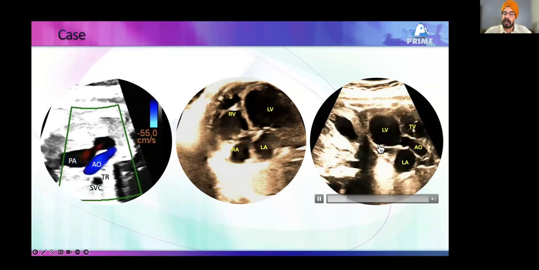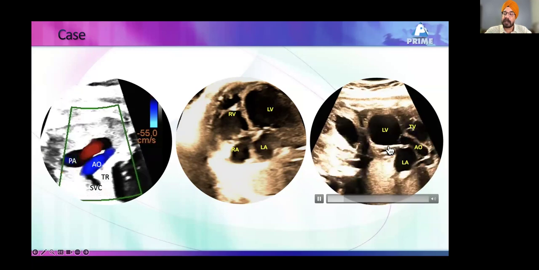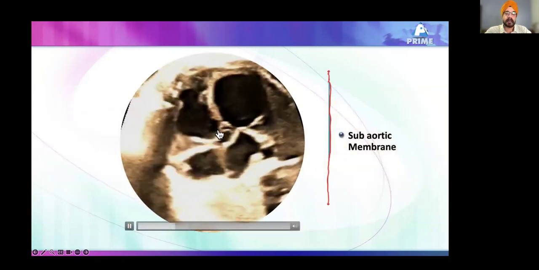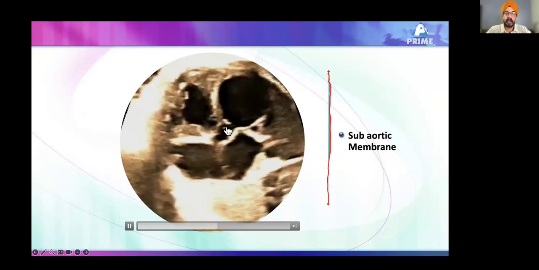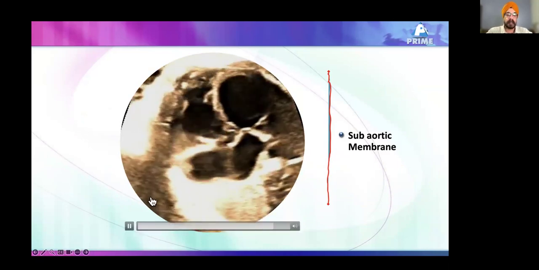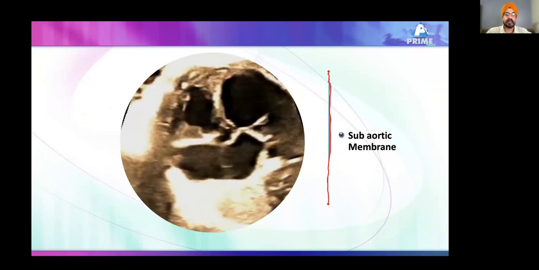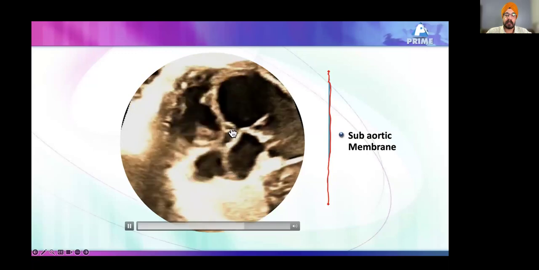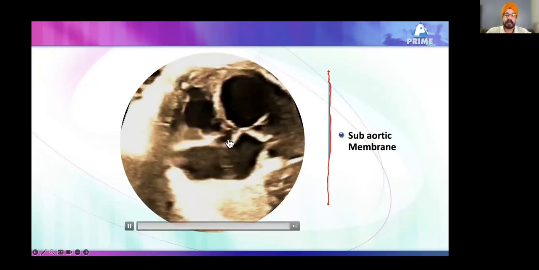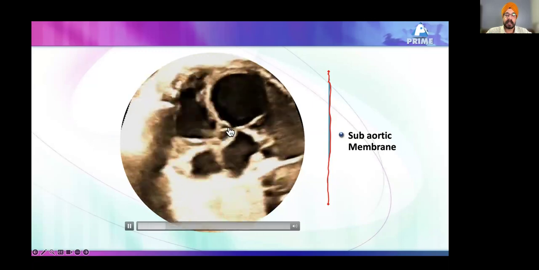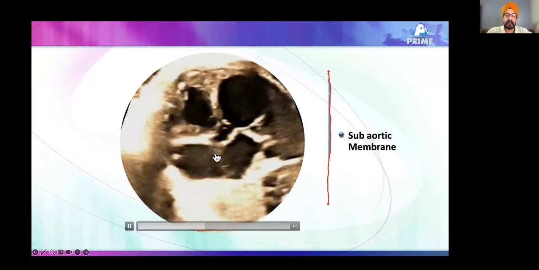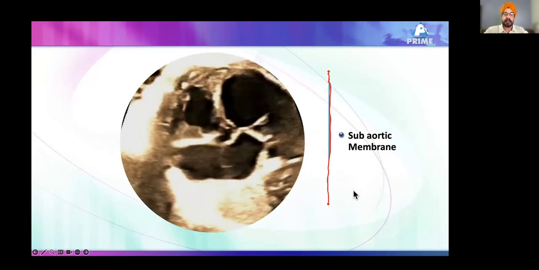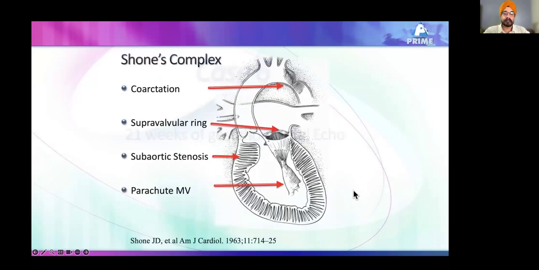This is a scarred papillary muscle, dilated left ventricle, dilated left atrium, and what we had in this patient was a subaortic membrane, which on an initial examination we didn't pick up, but on a close examination, zooming the area, we saw it. What was happening? The subaortic membrane produced LV dysfunction, produced aortic valve abnormality and regurgitation, and now the regurgitation was coming from the aorta into the LV, producing that kind of a continuous flow.